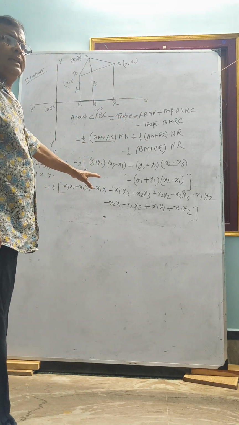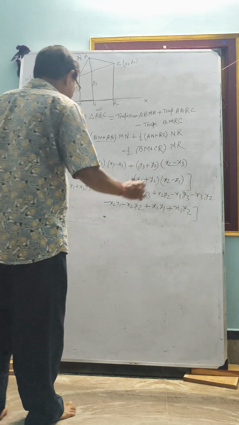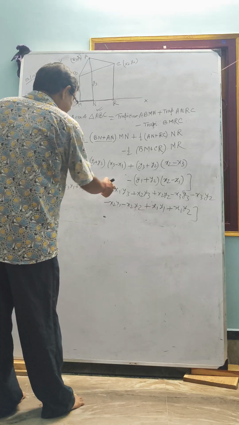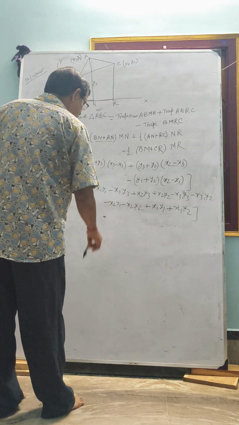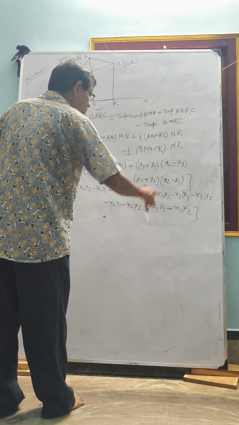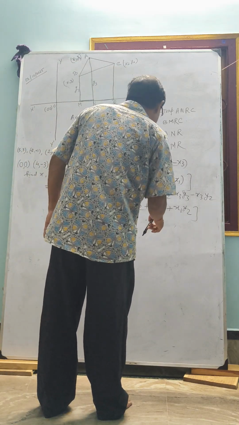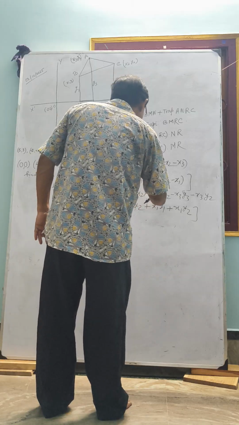The same quantity will be cancelled. Now x1 x3 y1, there will be x3 y1, x1 y3. Where is x1 y3? x2 y2 anywhere?